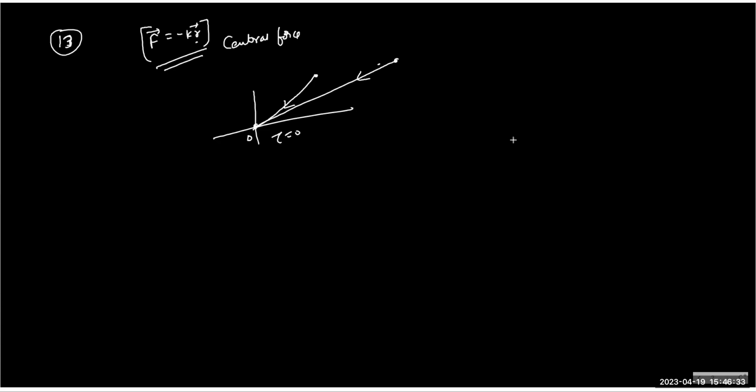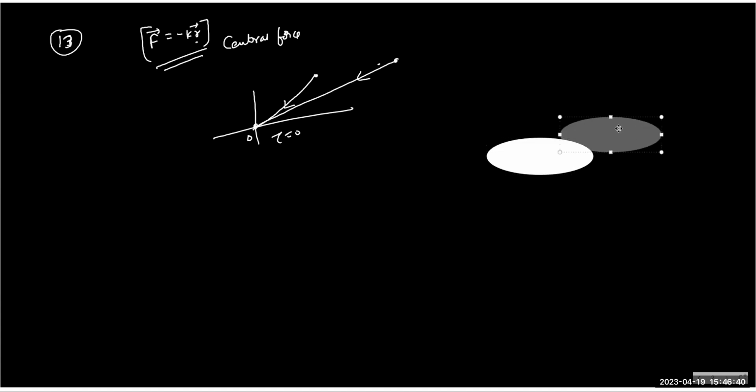So it is saying that we have one disk and another is doing pure rolling around the disk, right, in a horizontal plane.